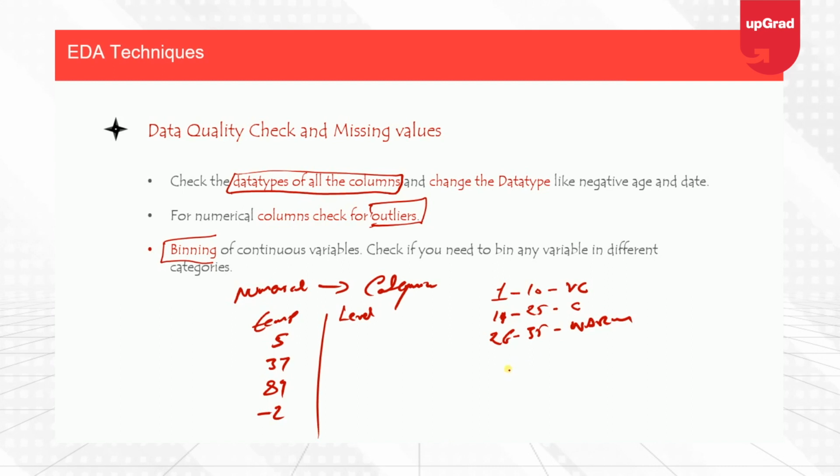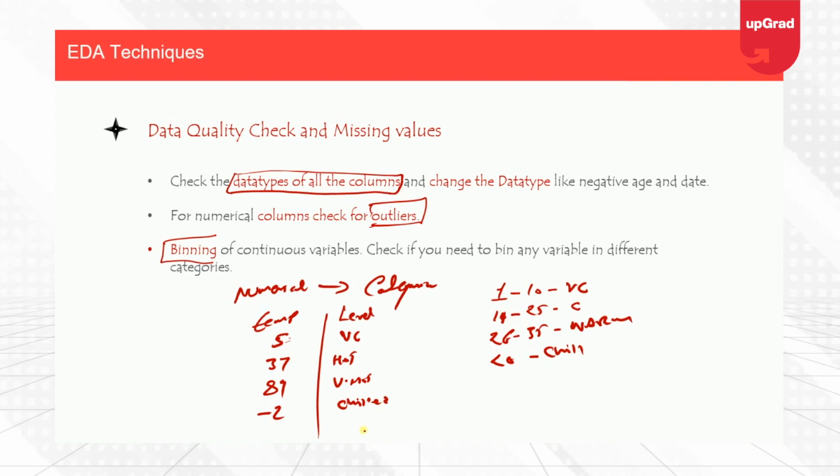And the temperature range, let's say, less than 0 is chilled. So we can categorize these values as per the given range here. So this will be very cold, this will be hot, let's say, this will be very hot, and this will be chilled, let's say, or extreme cold, right?